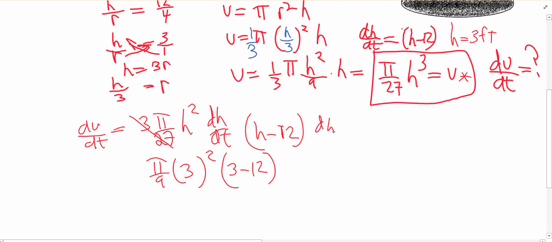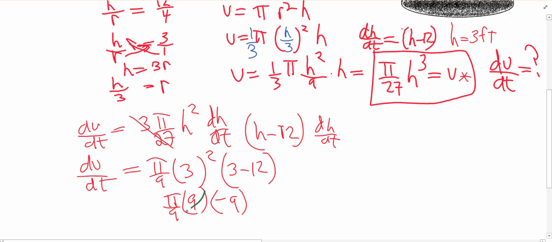That's dh/dt. Okay, and this is equal to dV/dt, which is what we're trying to solve for. So this becomes pi over 9 times 9 times a negative 9, right?